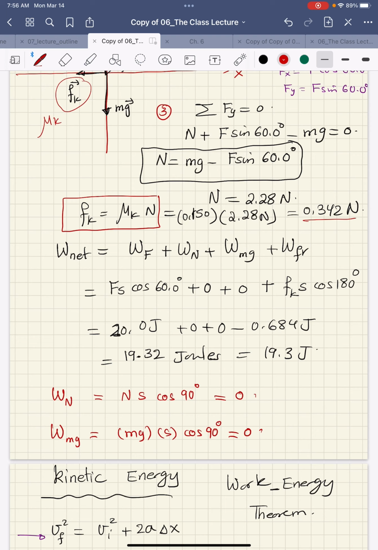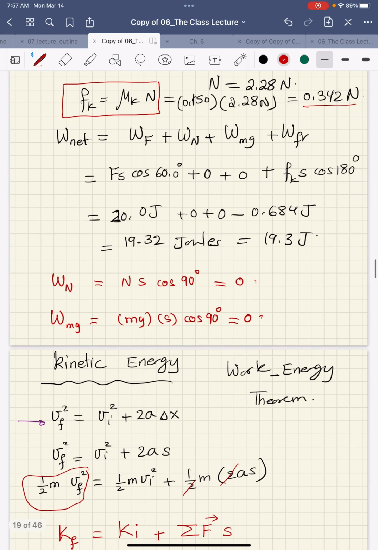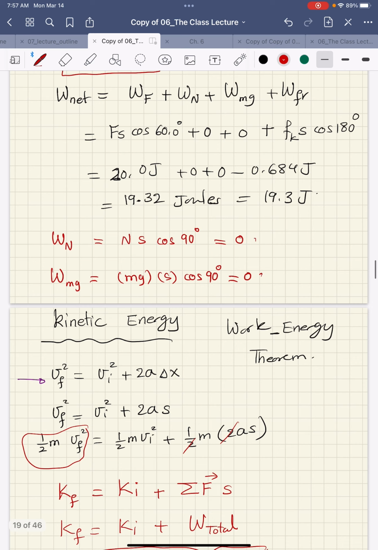Now I can start by talking about kinetic energy, and also a very important theorem that we usually use, which is called the work energy theorem.